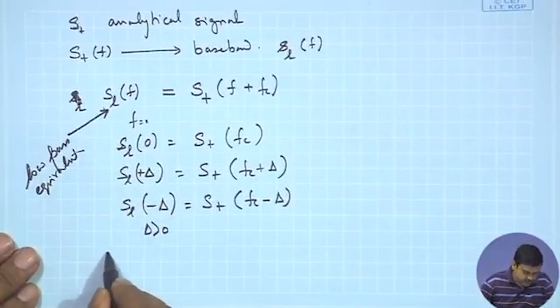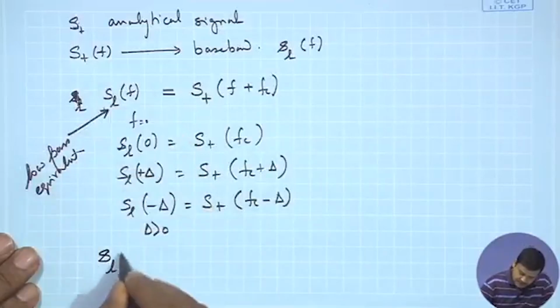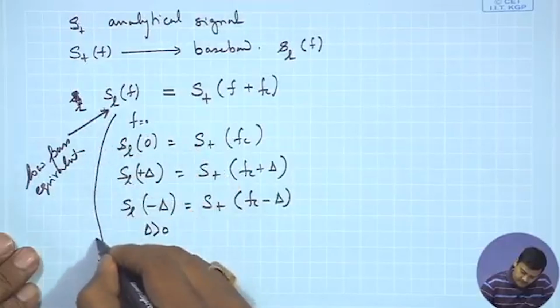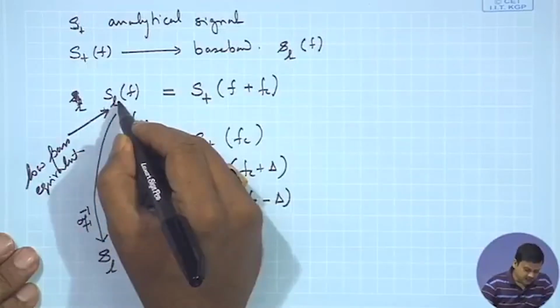So, that means we could say that S_L of t, because finally we are interested in the low pass equivalent of the time domain signal, we obtain by getting the inverse Fourier transform of S_L of f.